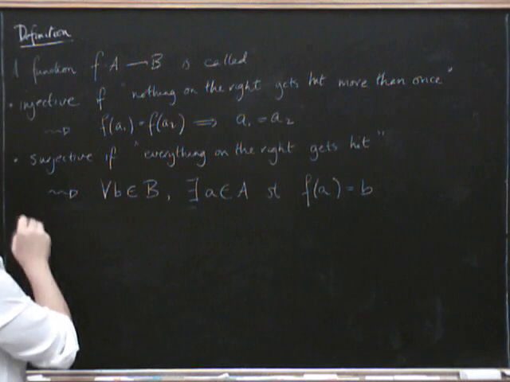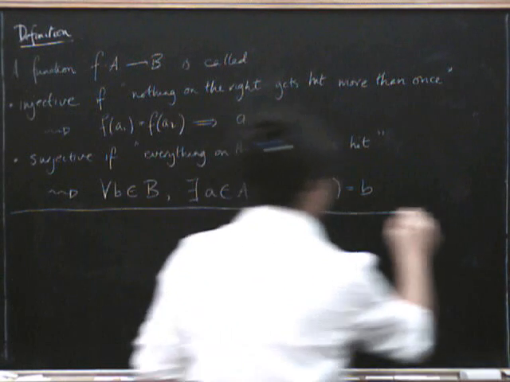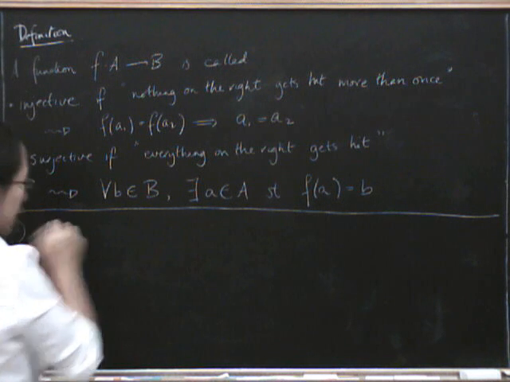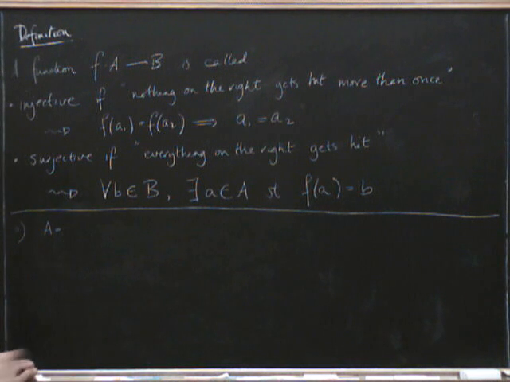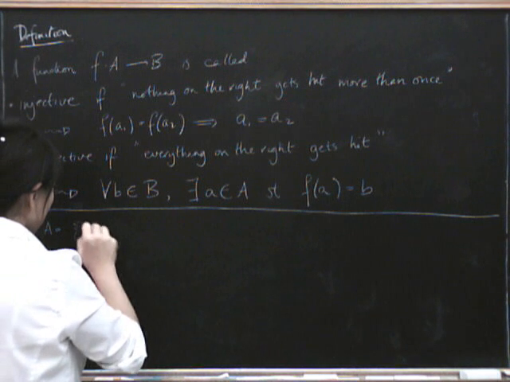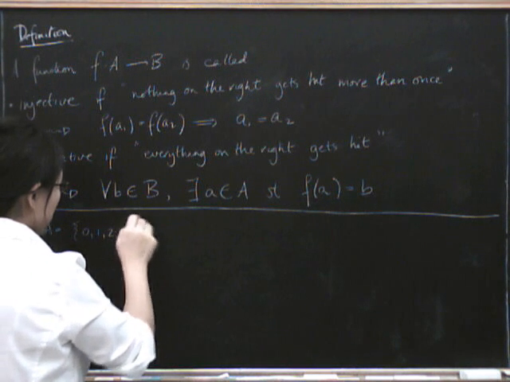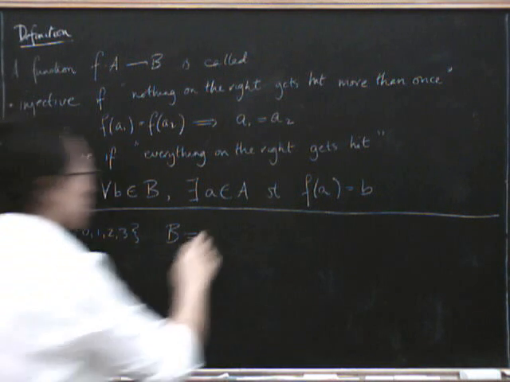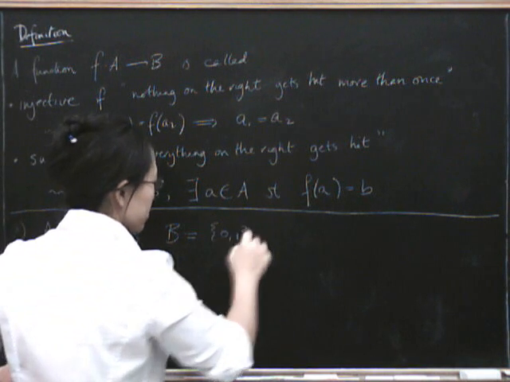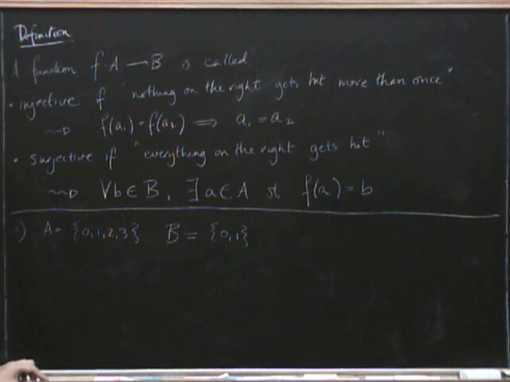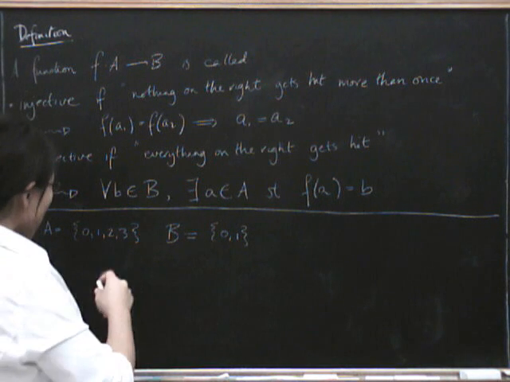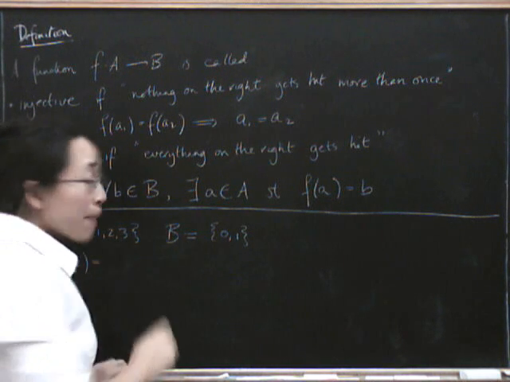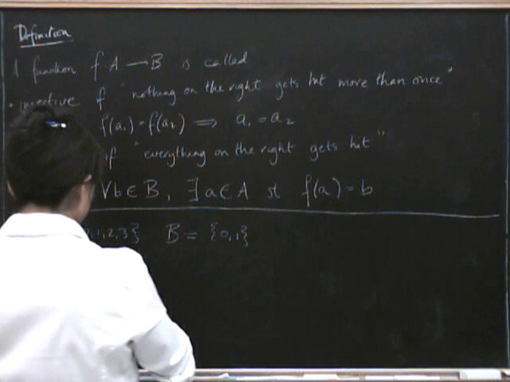Right. Now the second example I gave had A being 0, 1, 2, and 3. And B being the set just containing 0 and 1. Okay? And what I said was that F of A is going to be the remainder when I divide A by 2.